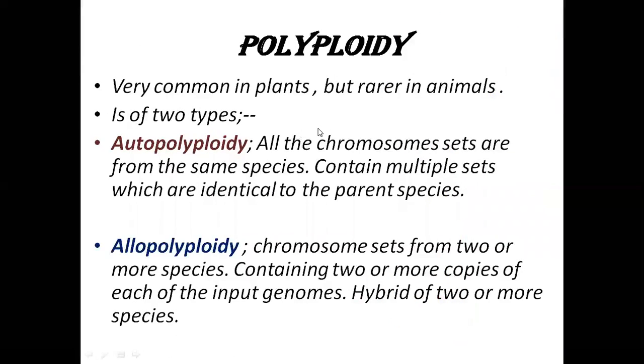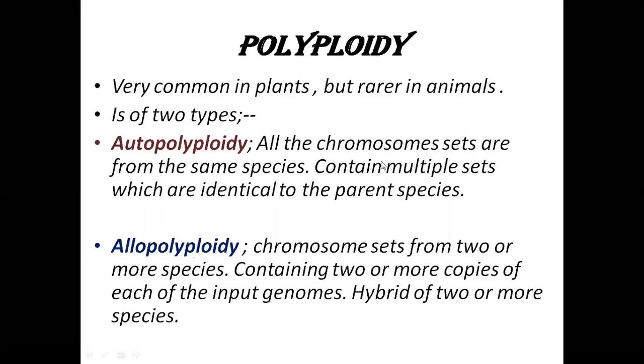Now let's talk about polyploidy. Polyploidy is very common in plants but rarer in animals. An increase in the number of chromosome sets has been an important factor in the origin of new plant species. Polyploidy is basically of two types, autopolyploidy and allopolyploidy.